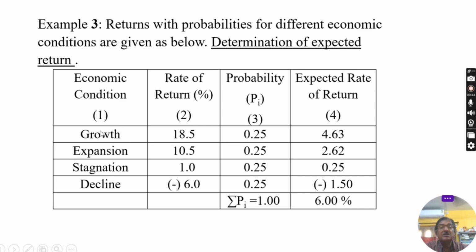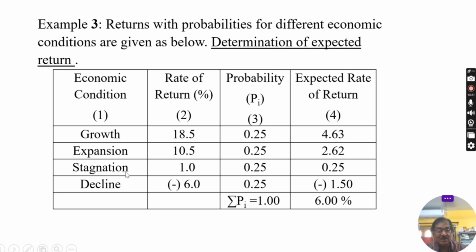If the economy is in the growth phase, you have calculated that the return will be 18.5%. If the economic condition is in the expansion phase, the return will be 10.5%.